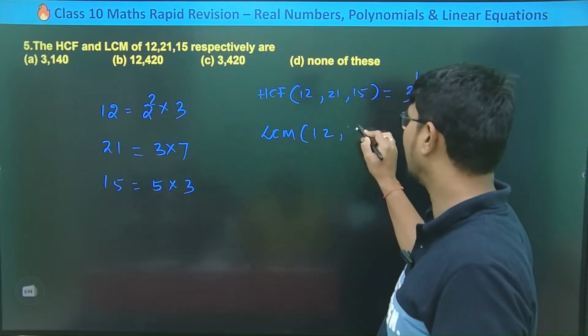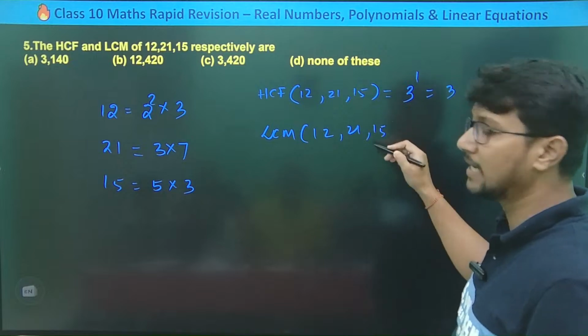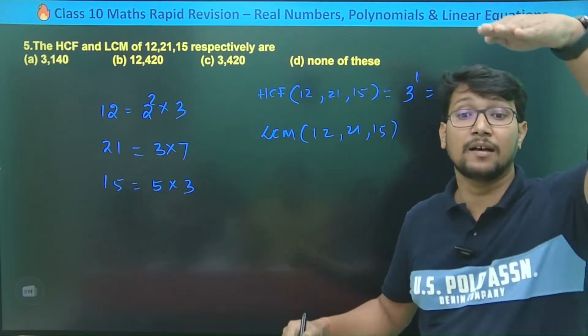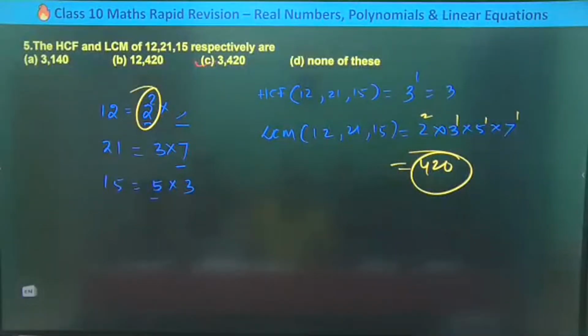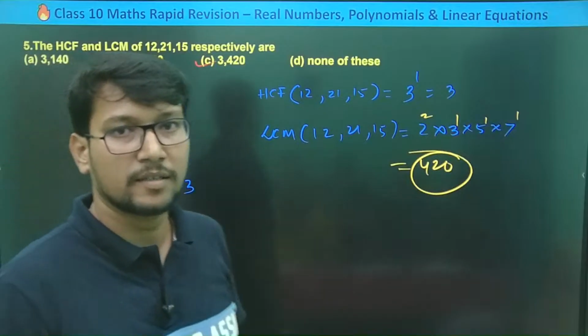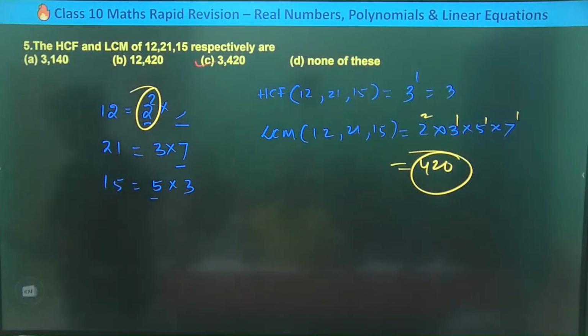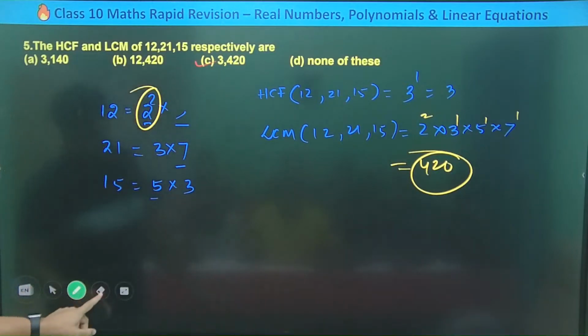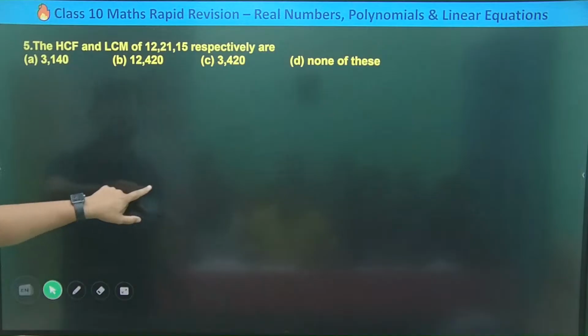LCM of 12, 21, 15 is the product of all primes having the highest power. Over? Am I visible, children? Okay, shall we move to the next question?